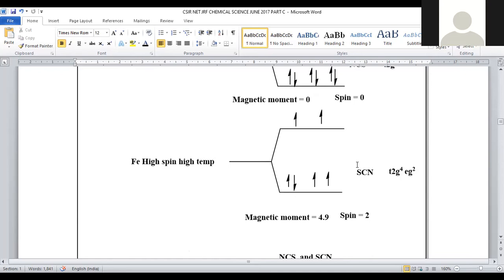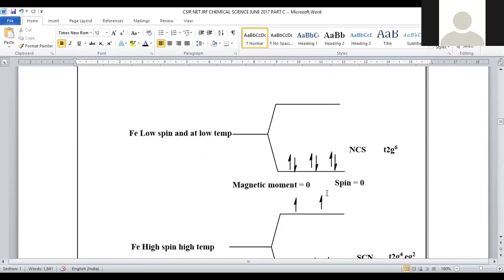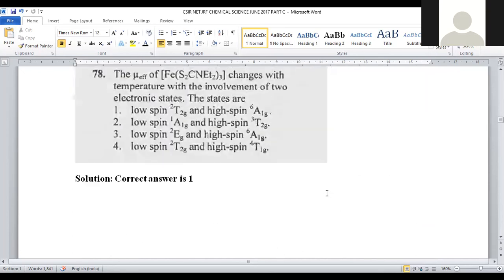As we raise the temperature, the linkage will be modified, sulfur linkage with iron is possible, and the arrangement of electrons will be in this manner. So this is in accordance with the temperature variation and the linkage of the ligand present around the central metal, so that variation from low spin to high spin is possible. T2G shifted to A1G, right? So for question number 78, option number 1 will be the right answer.